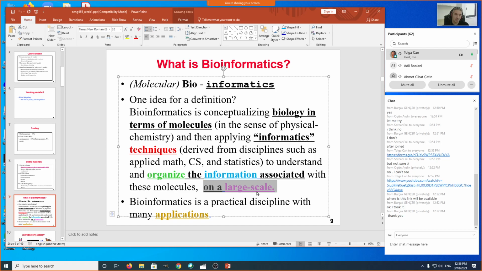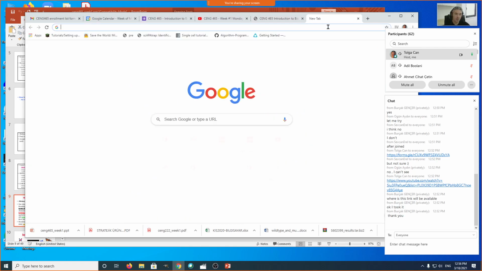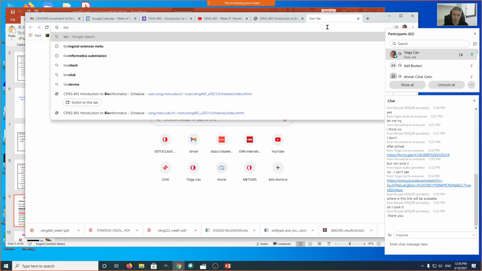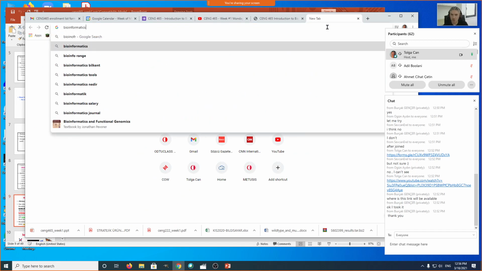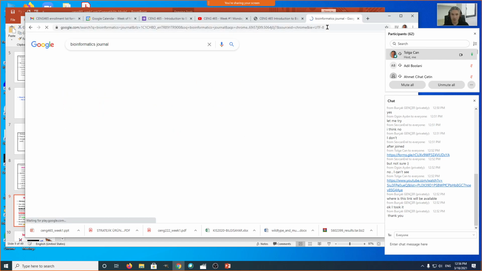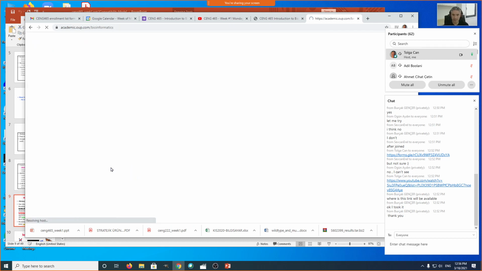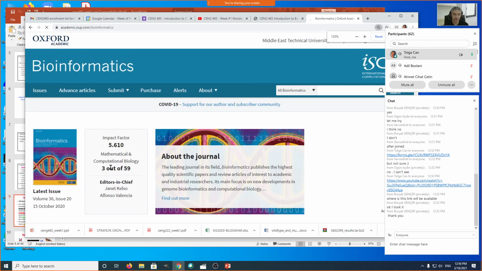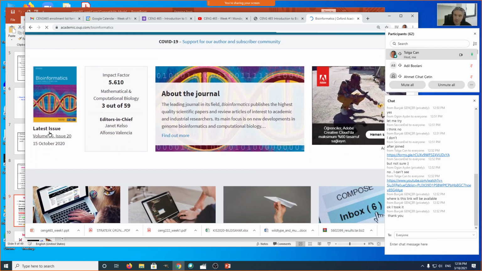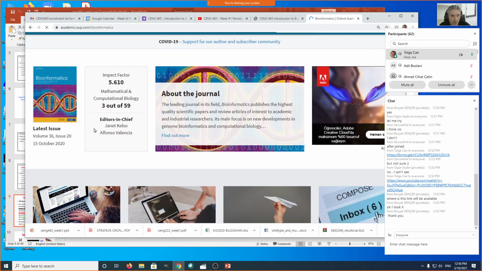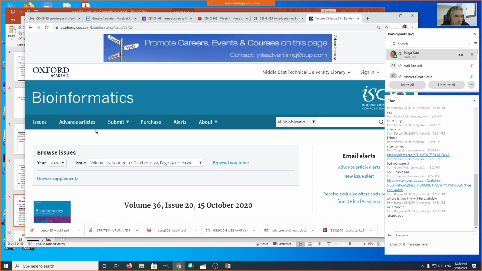There are many sub areas of bioinformatics, which is evident from the prominent journal in this area, the Bioinformatics Journal. If you wonder what research problems there currently are in bioinformatics, I suggest you visit this journal website and take a look at the latest issue. Our university has a subscription, as you can see.